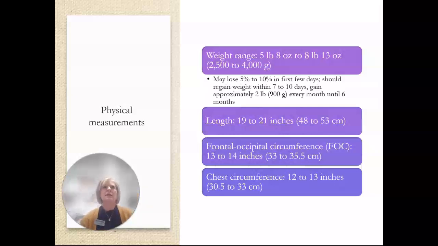So if you get somebody that has a 16-inch frontal occipital, we would want to report that to the doctor because there may be something going on inside there that we need to be aware of. Chest circumference should be 12 to 13 inches, so we're going to measure chest circumference here over their chest. All these are really important measurements to make sure that we're looking at the normal ranges of what the babies need to be.